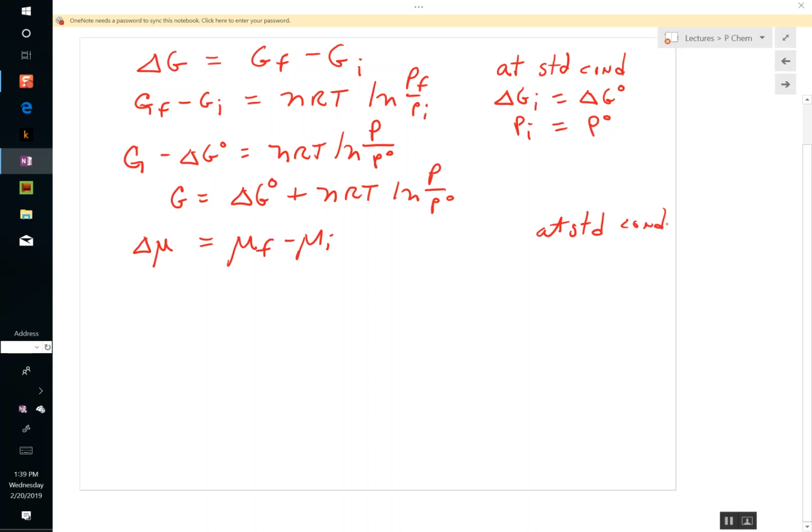No, I mean 25 degrees C. And so 25 degrees C, 298 Kelvin, and 1 atmosphere. Standard pressure and temperature. STP is standard temperature and pressure. Standard conditions would be standard conditions for the calculation of Gibbs free energies and enthalpies and entropies.